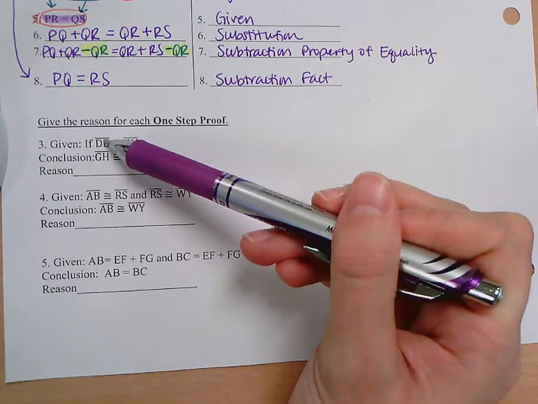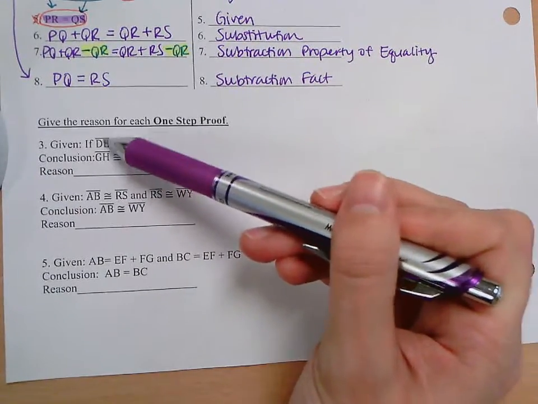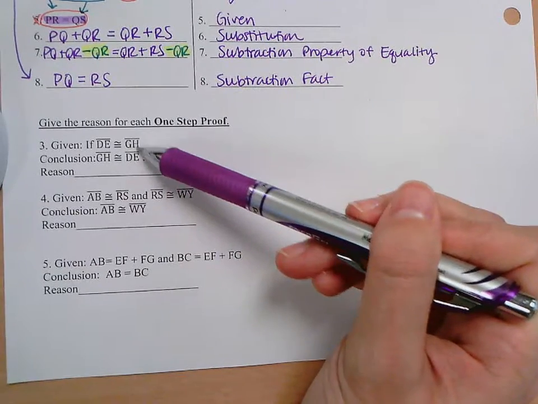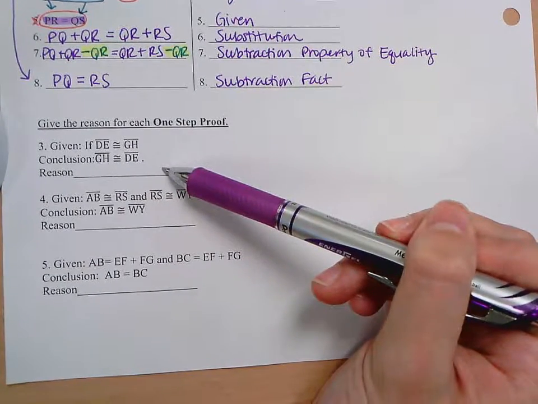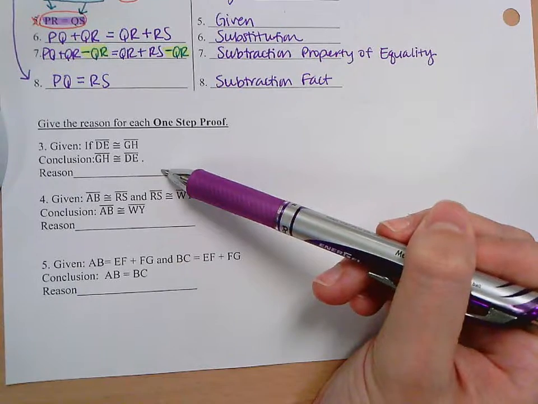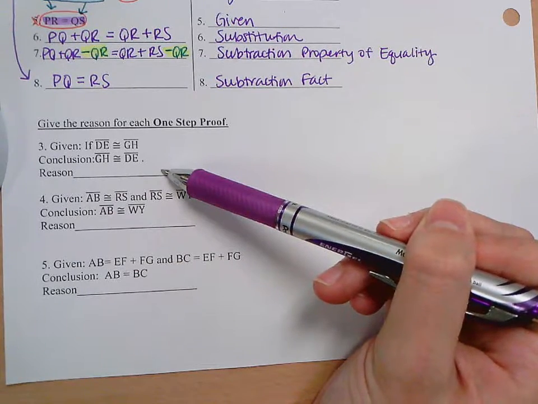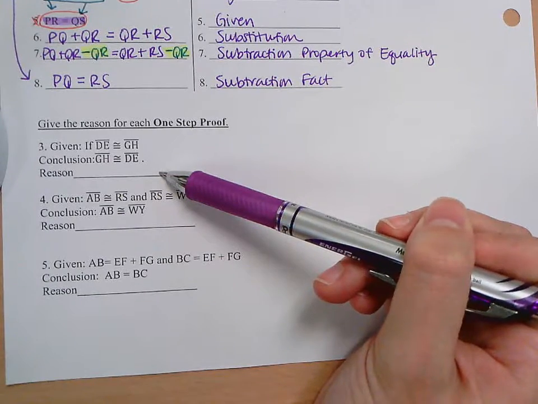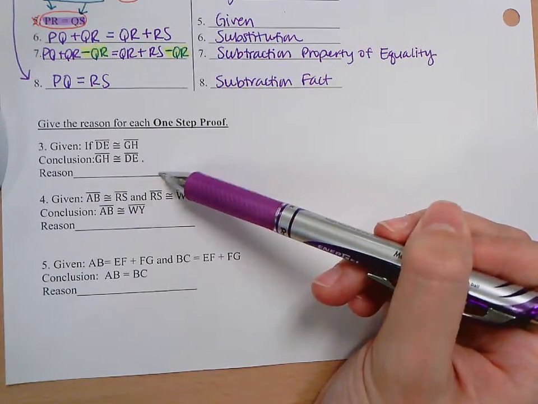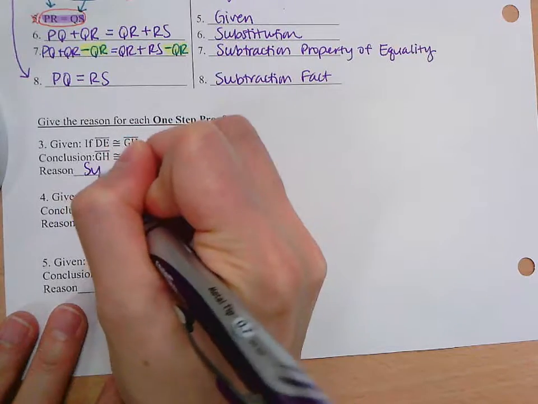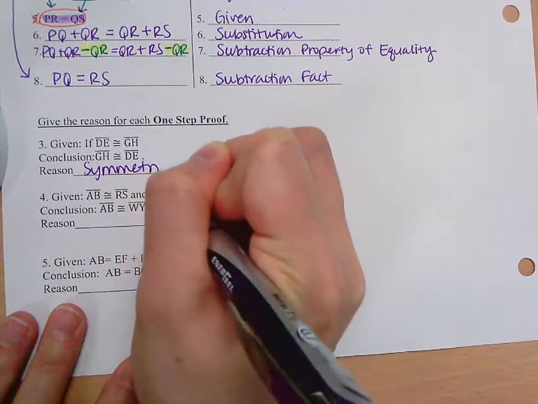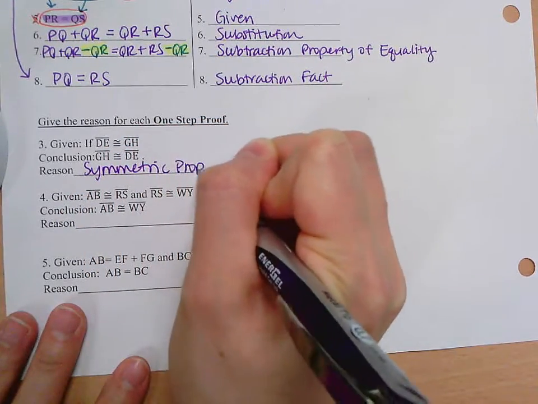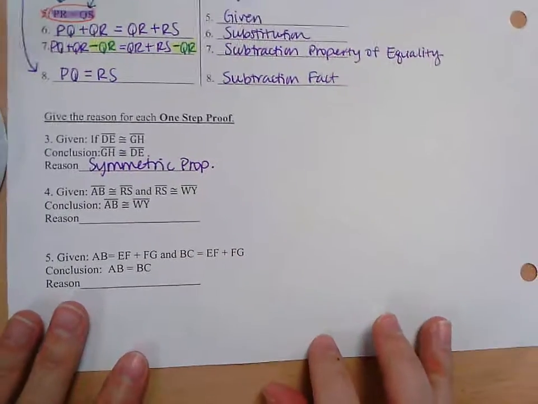So all that's happening is the two sides of your congruency equation are switching. Anybody remember what reason that is, or what property that's using when you switch the two sides of your equal sign, or in this case, congruency symbol? Symmetric. Yes, this is the symmetric property. I'm just going to abbreviate property, put prop.